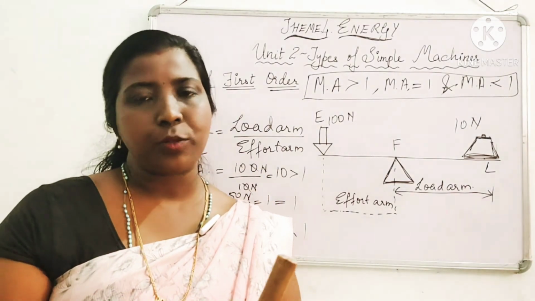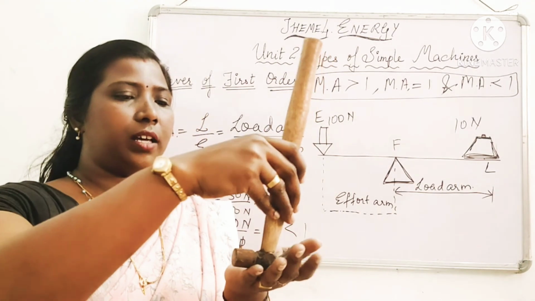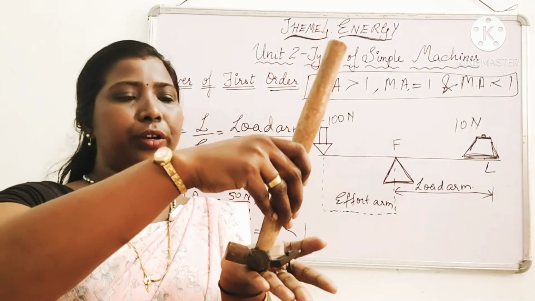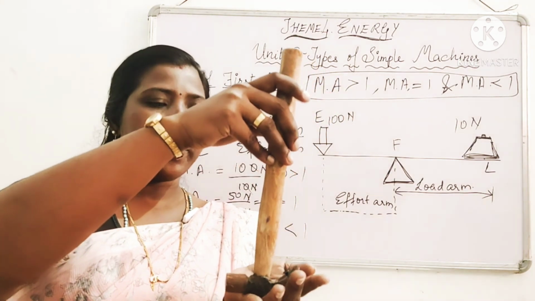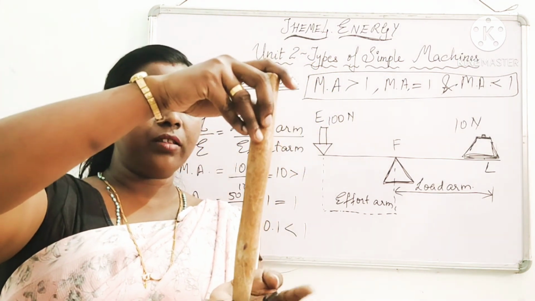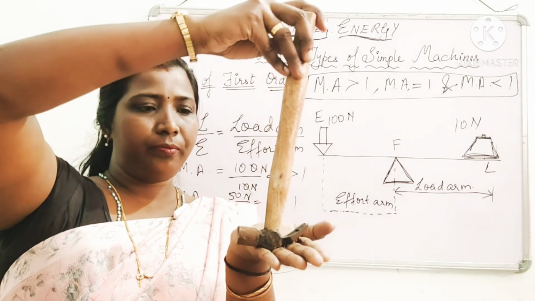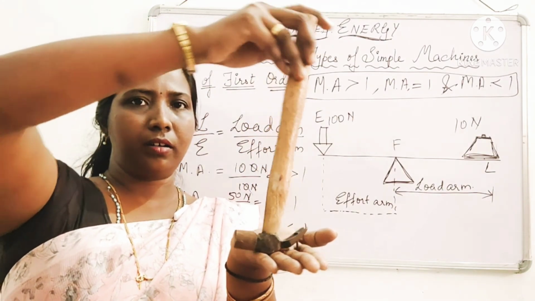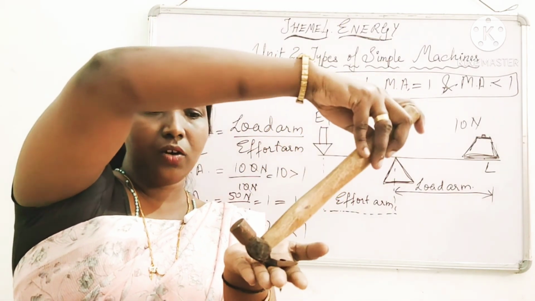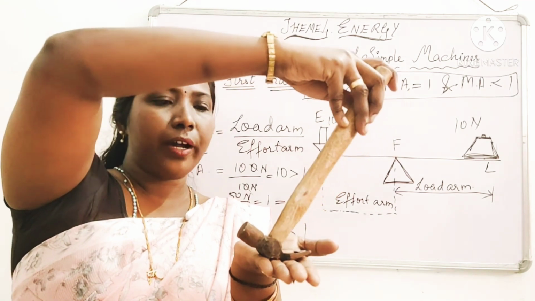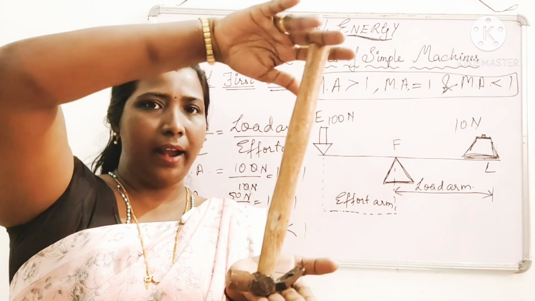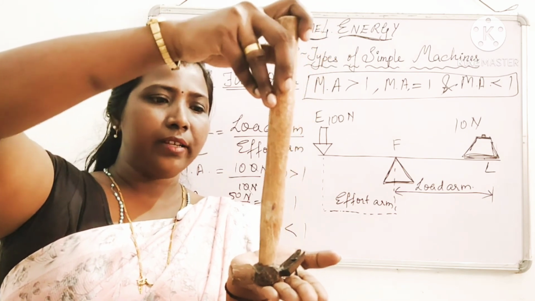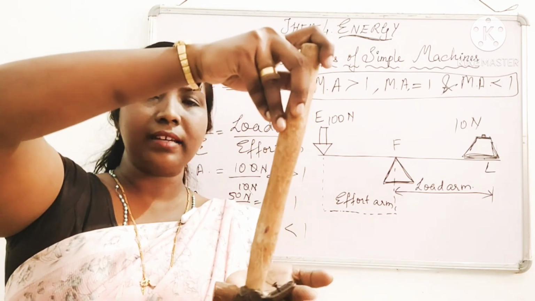Now see students, I am having an example. Scissor example I explained to you beforehand only. Now see, if I want to remove this, I am showing by the hand, this claw hammer is here. I'm just removing this nail. I'm putting an effort on my handle, this hand. This is an effort and this nail is a load.